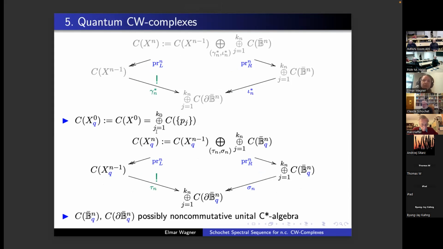Now I want to have a quantum version. So we start with X0, we take points. I don't have an idea why I should form points. Then I have an X0, and then I can go back by induction. So what I need is some concept of non-commutative balls, closed balls, a map that can be interpreted as a restriction to the boundary.